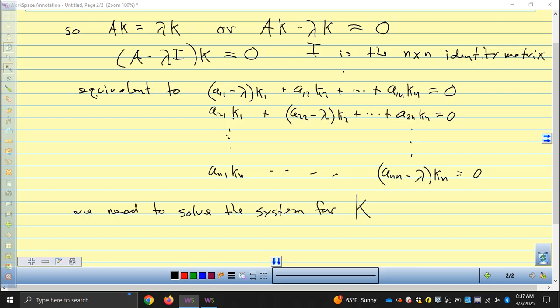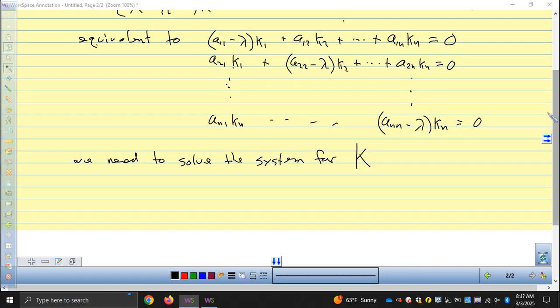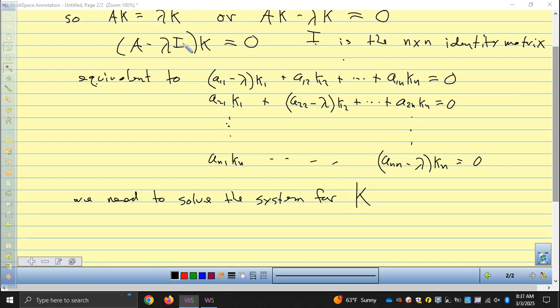If we take the determinant of both sides, this is an n by n 0 matrix, and the determinant of the right-hand side is 0. So we have to have the determinant of the left-hand side be 0. And we don't want K to be 0. So in order to solve this, the determinant of this quantity has to be 0, because the determinant of this side is 0.